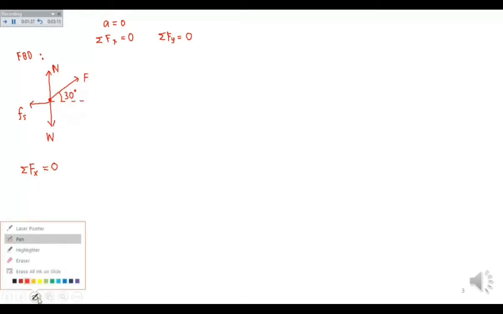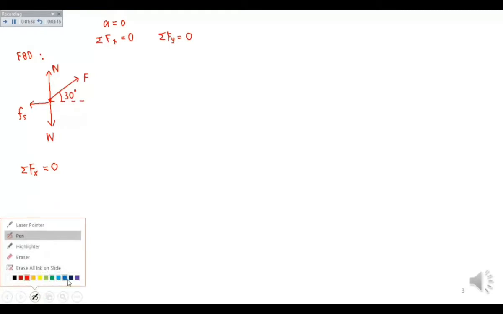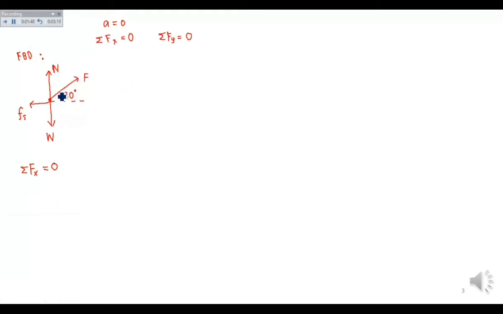So F ni pun kita boleh resolve into x and y juga. So ini akan jadi Fy, and this one will be Fx. So Fx equals F cos 30, and Fy is F sin 30 degree.